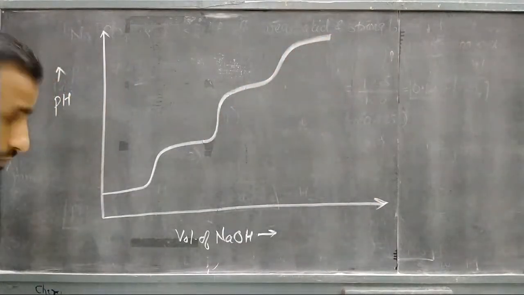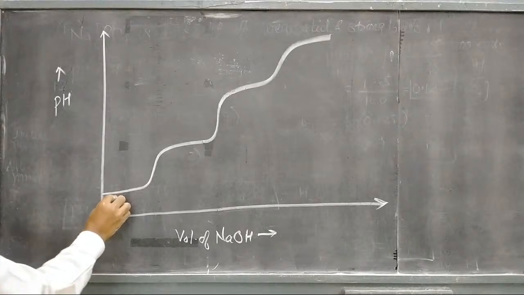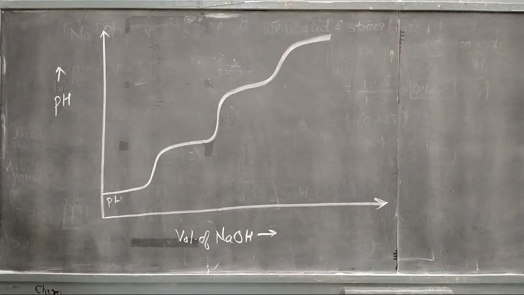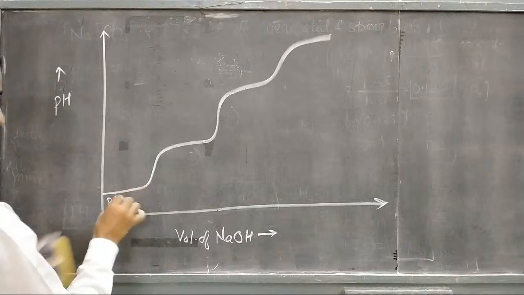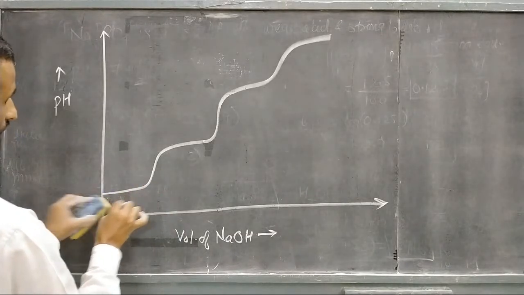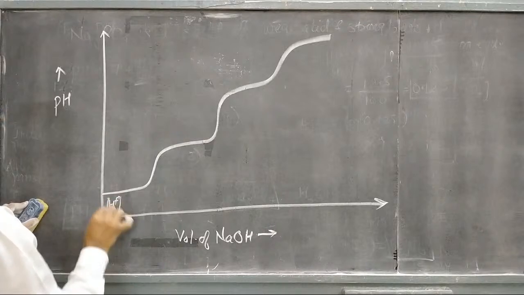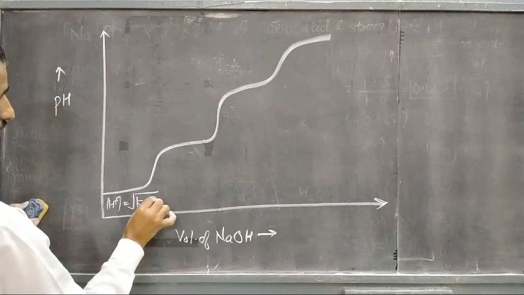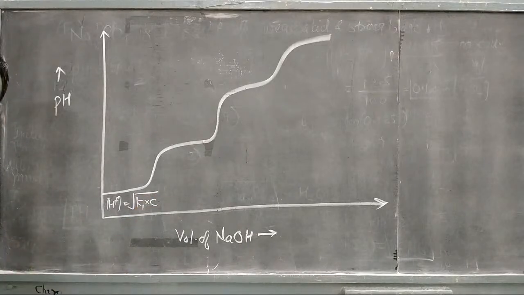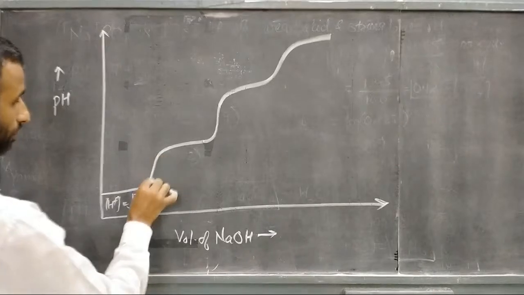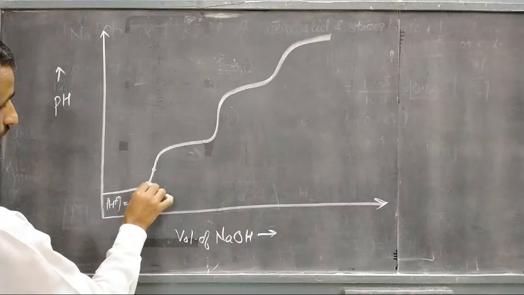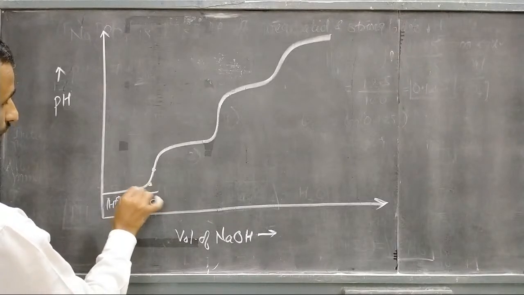Say in the starting, pH equal to, we can write, H plus ion concentration is square root of K1 into C. Okay, then pH equal to pK1 at midway.